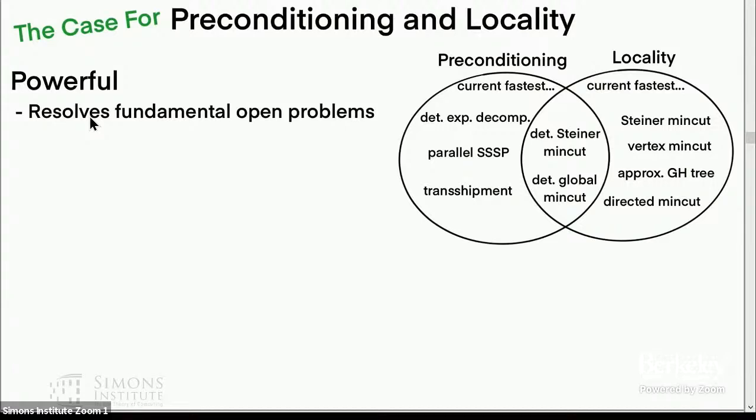For example, they have led to the current fastest algorithms for various min cut problems, parallel shortest path, and also deterministic expander decomposition, which itself was used for deterministic preconditioning, and so on.